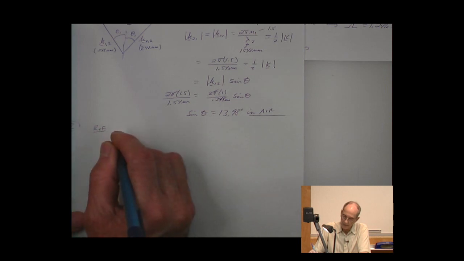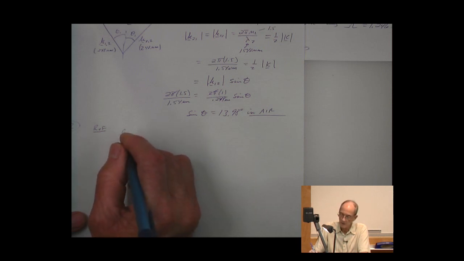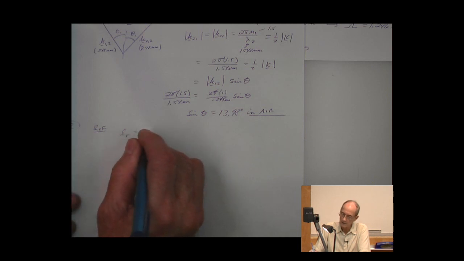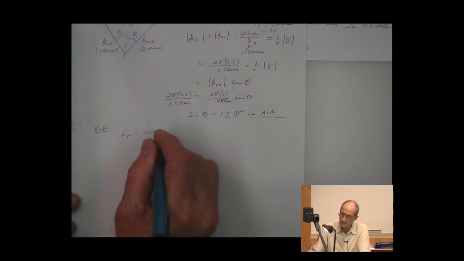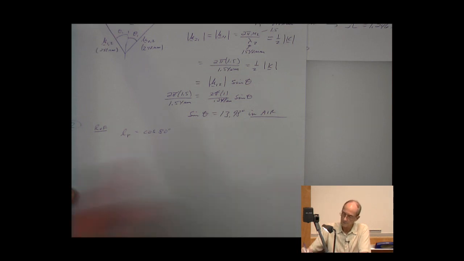So that has an angle of 10 degrees to the z-axis, but if we want to calculate the L direction cosine relative to the x, we're actually going to take LR equal to the cosine of 80 degrees, right? Because that's the angle relative to the x direction if we have 10 degrees relative to the z direction.